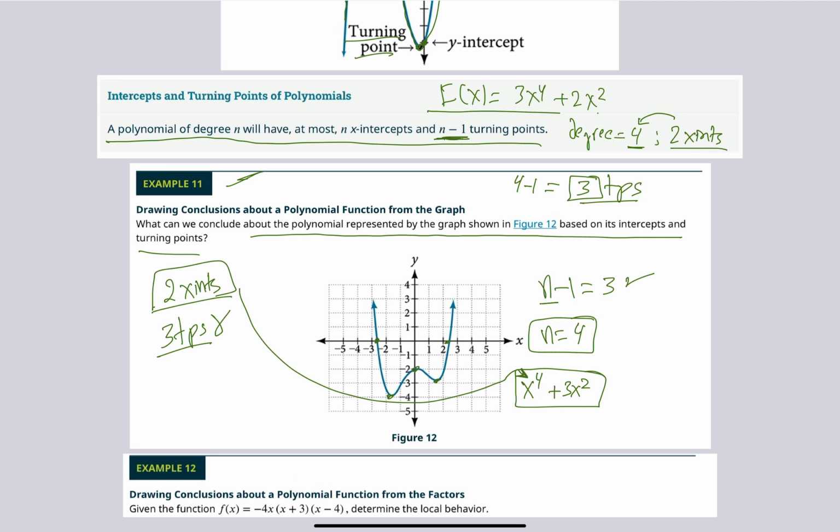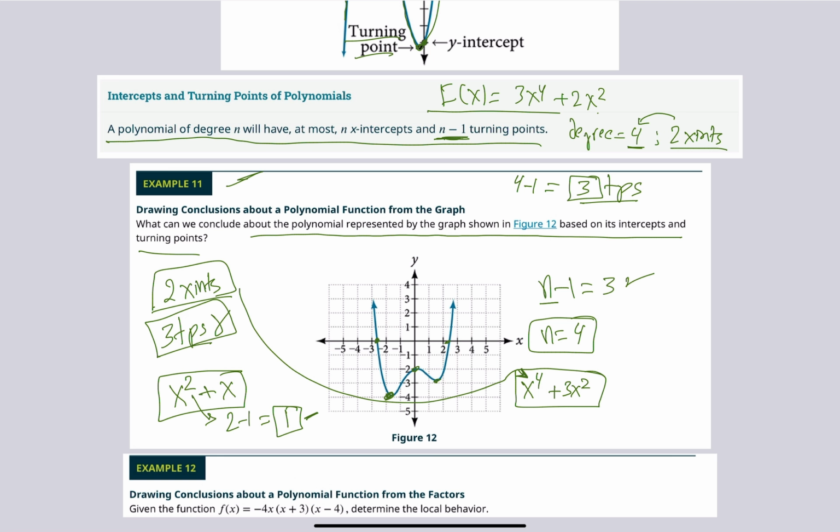You might say it has 2 x-intercepts, so it's just x squared plus, let's say, x. Well, this is fine with the number of x-intercepts, which is 2, but it's not fine with the turning points, because the number of turning points is degree minus 1, which equals 1. The highest number of turning points can be 1, and I have 3 turning points, which is definitely not the case.